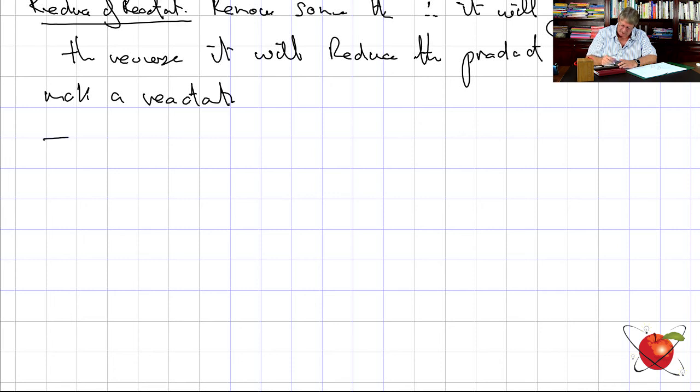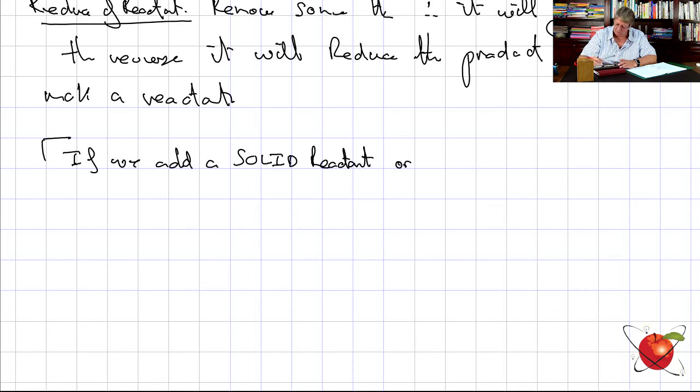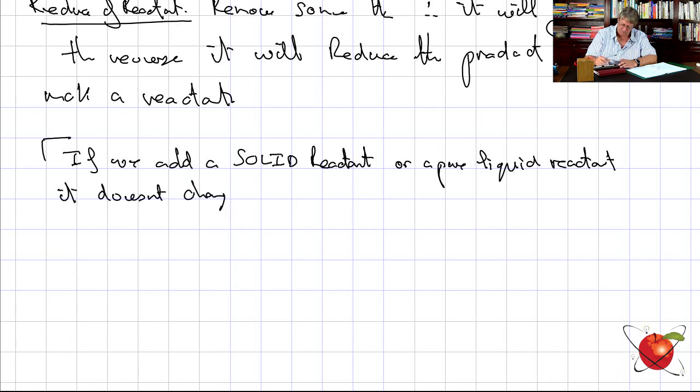If we add a solid, okay, please note, if we add a solid reactant, okay, or a pure liquid reactant, all right, it doesn't change the equilibrium. Okay, just a little note. We're going to get to those in a bit.